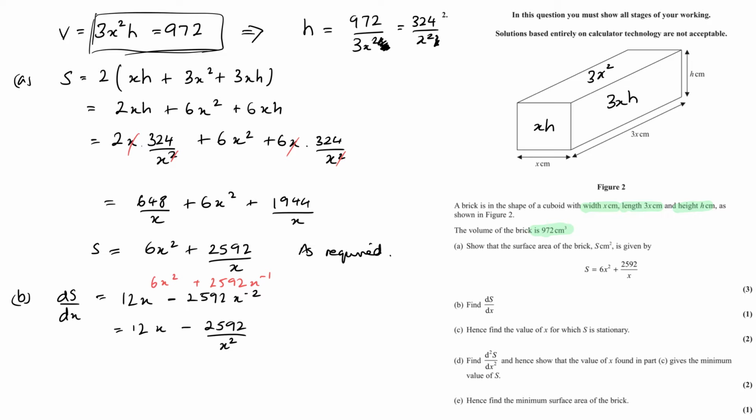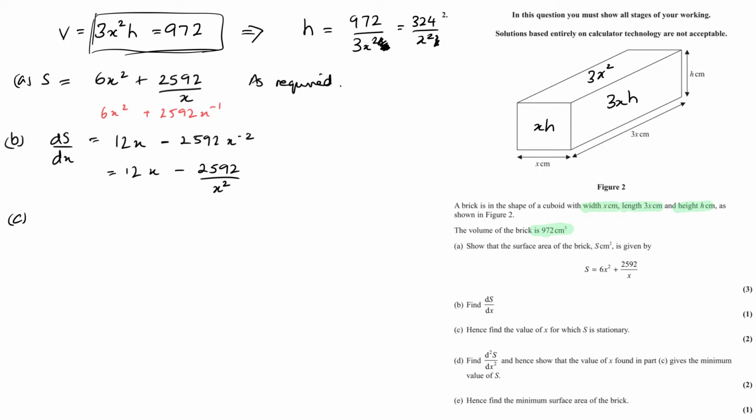So as we said, we've got ds by dx equals 0. Therefore, 12x minus 2592 over x squared equals 0.